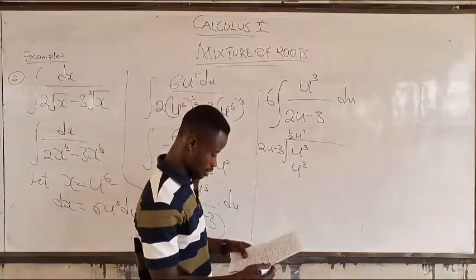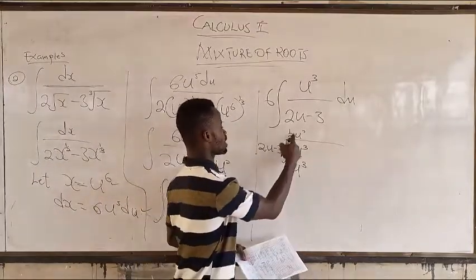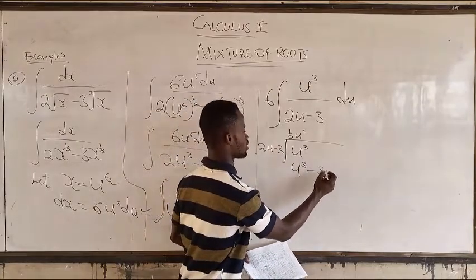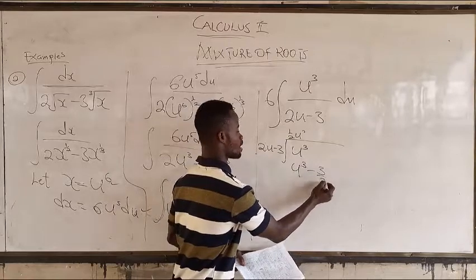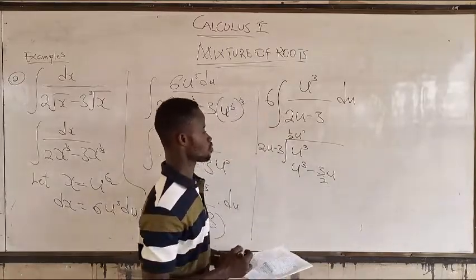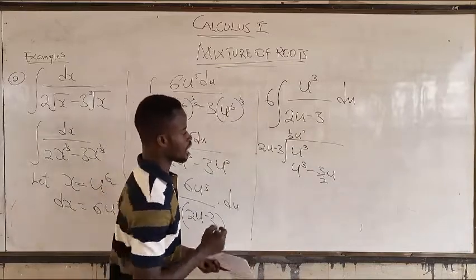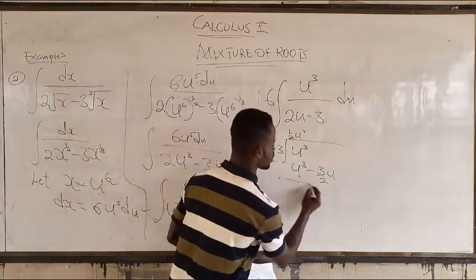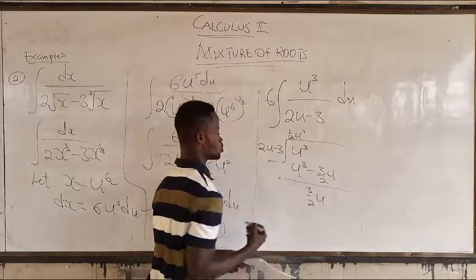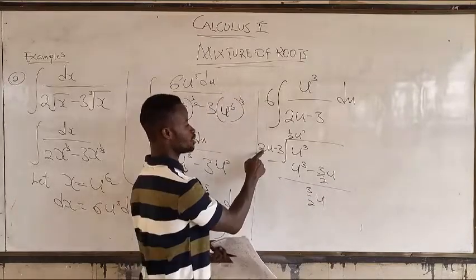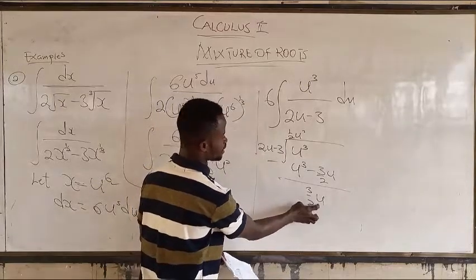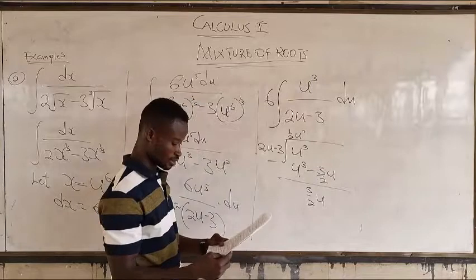And this times this, we're going to get negative 3 over 2 u squared. Now you subtract and you're going to get 3 over 2 u squared. So here, when you divide 2u by this, what are you going to get?